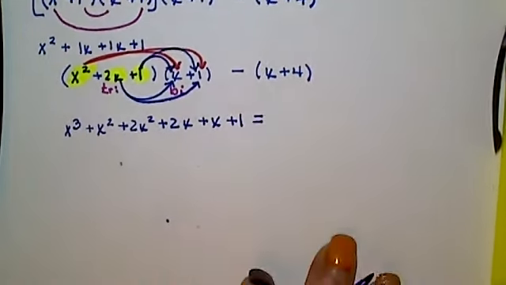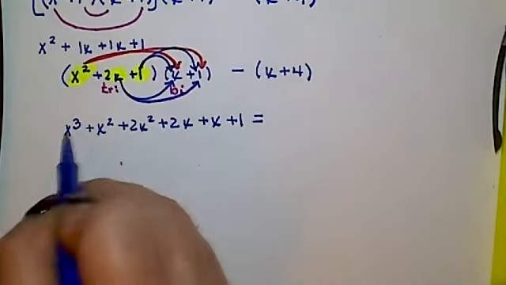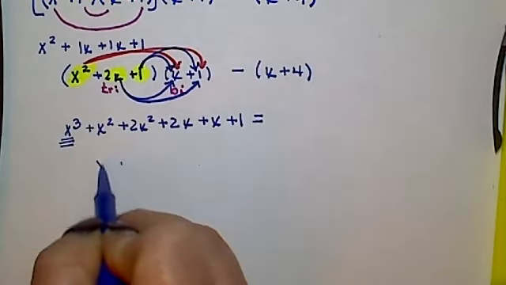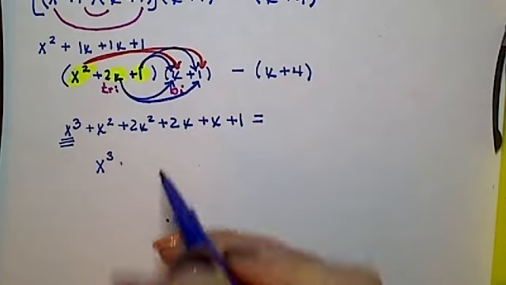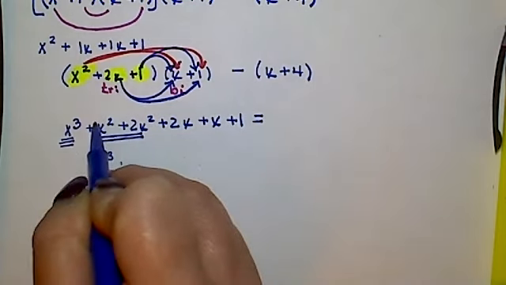So remember what we talked about when we just started. We're going to start with your highest exponent. So this time it's a 3. Remember, that's called a cubic. Then we put together our quadratics.